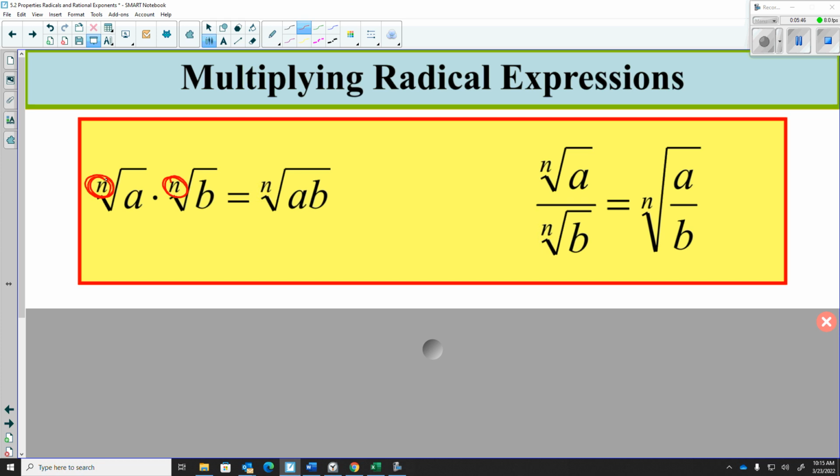So if they have the same index, you can put them together, or you can go the other way and pull them apart and write them all underneath their own root. And it's the same thing with division. If they're being divided, but they have the same index, you can put that stuff together and write it all underneath the same radical. So that's pretty much the big idea. If stuff has the same radical, you can smash it together or split them all up. And we're just going to use that a ton over the next couple of days. So let's do an example of it.